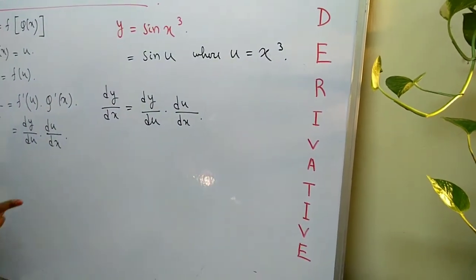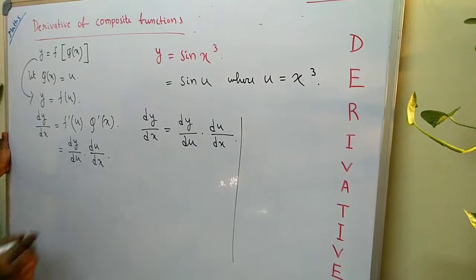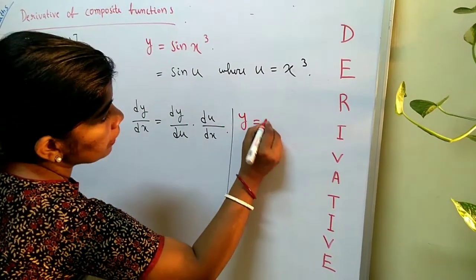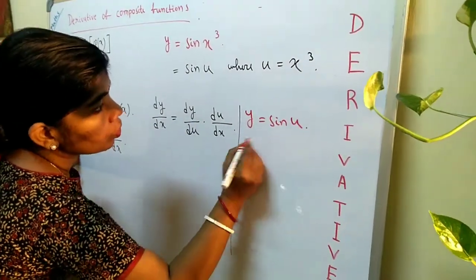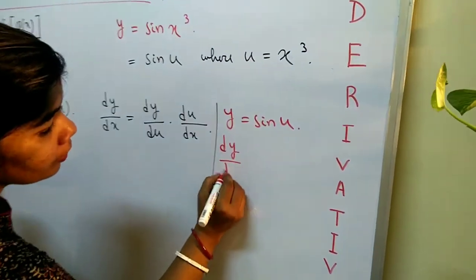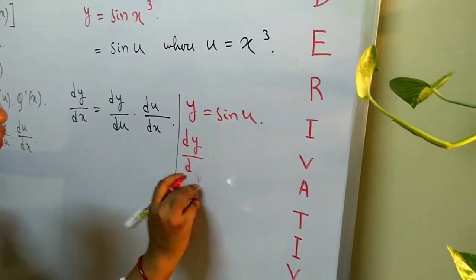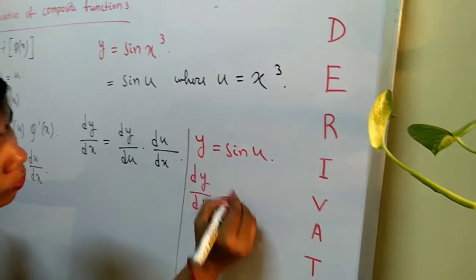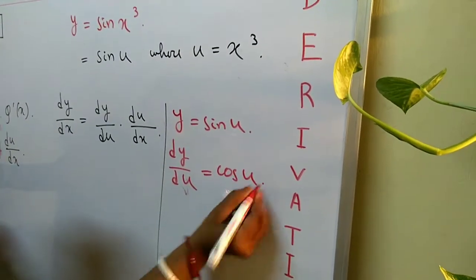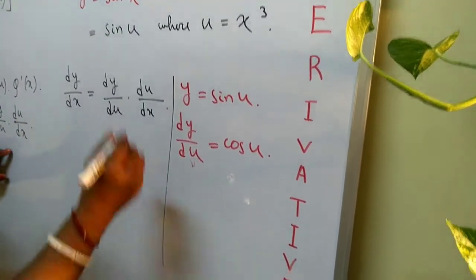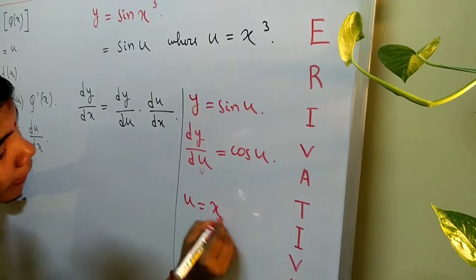Now what is dy du? This is y equal to sine u. So derivative of y with respect to u is equal to cos u, and u equal to x cube.